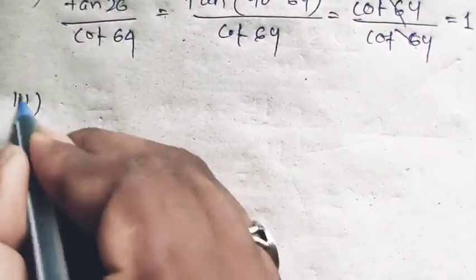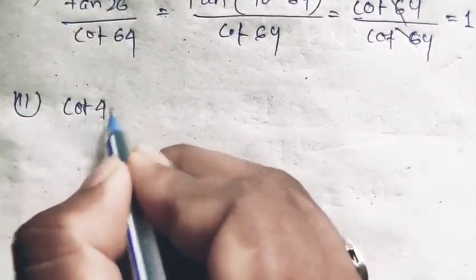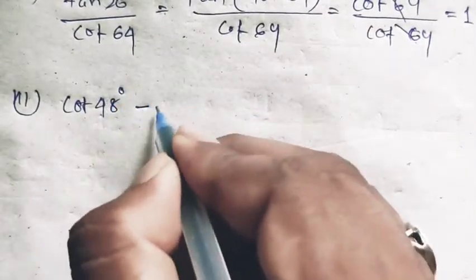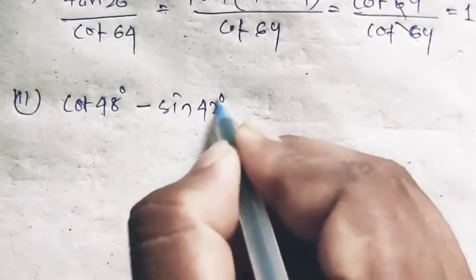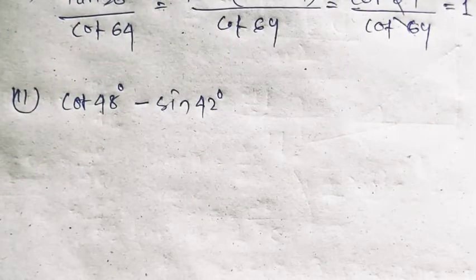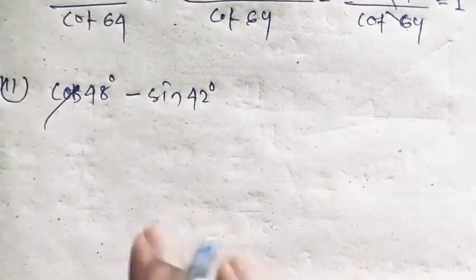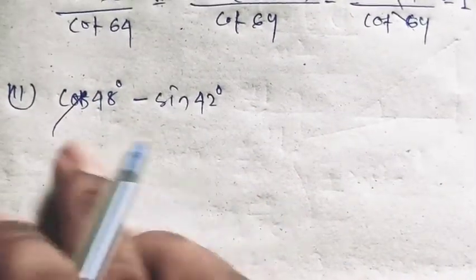The third question is given cos 48 degrees minus sin 42 degrees. Okay, we will solve this question. Sorry, cos 48 minus sin 42 degrees.